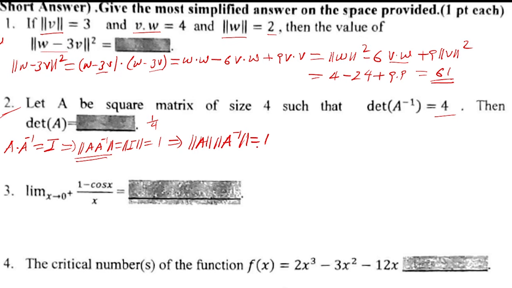So one is the reciprocal of the other. From this, determinant of A is equal to 1 over determinant of A inverse, and vice versa. Determinant of A inverse is 1 over determinant of A. Therefore, the answer is 1 over 4.